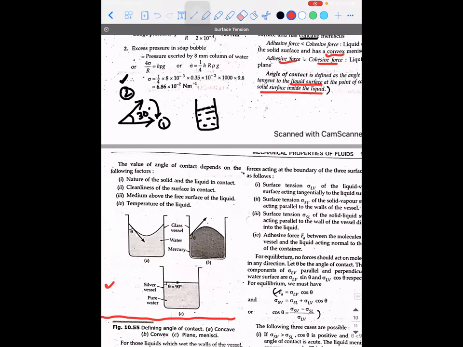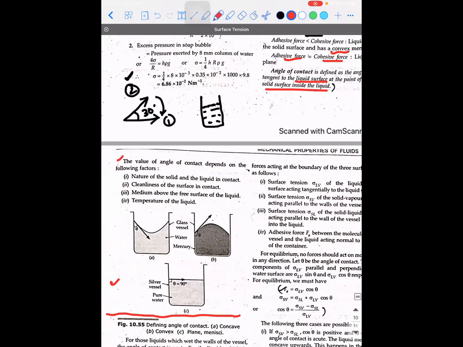Okay, so you can get a question like this: what are all the factors on which the angle of contact depends? First, it is the nature of the liquid and the solid in contact. Second, the cleanliness of the surface in contact, because if the surface is not clean, the water molecules will get attracted to the dirt particles as well. At that time, whatever angle of contact you measure will not be accurate.